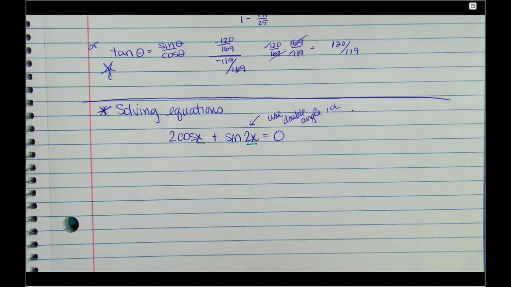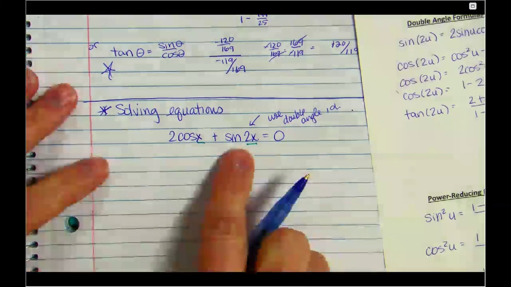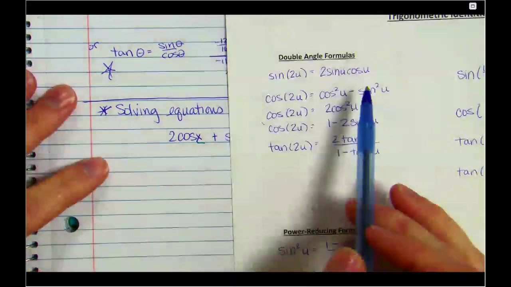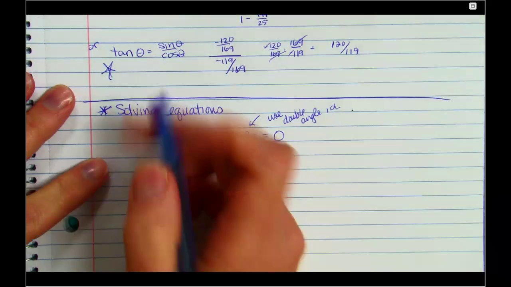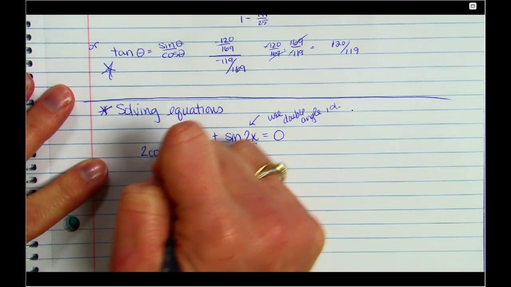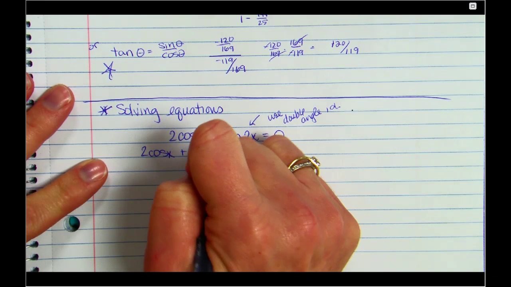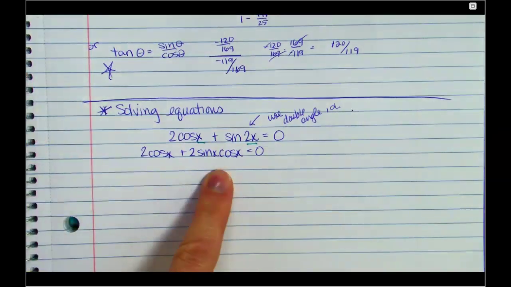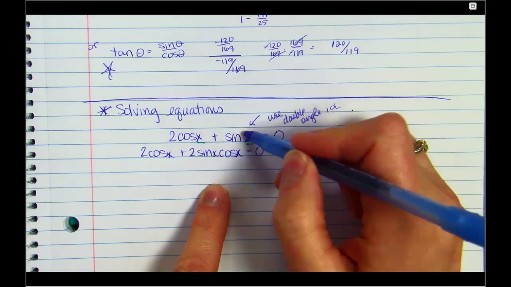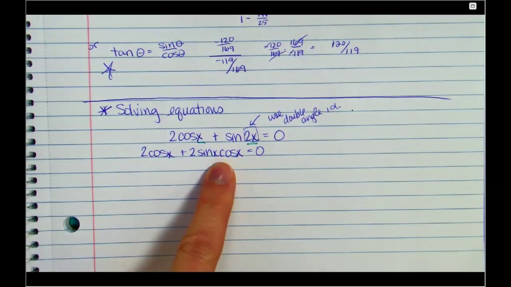Sine of 2x can be replaced with 2 sine x cosine x. What the double angle identity does when you use it here is it gets rid of the 2x and replaces it with just a plain x.